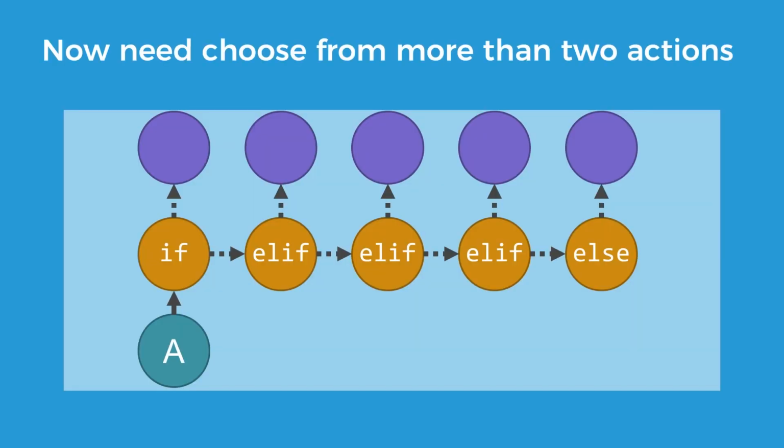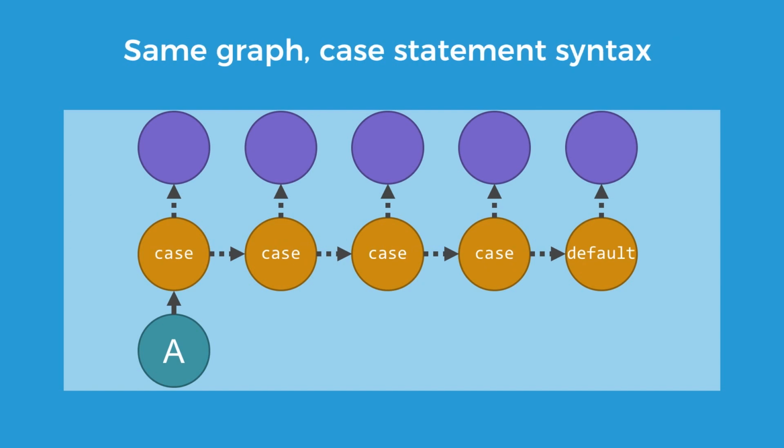So now to move on to our next operation, we have a situation where instead of just two possibilities, we have a list of operations that we may need to run depending on the scenario. So we have either a list of if-else statements, or if we're using a switch statement, we have a bunch of cases and a default option.